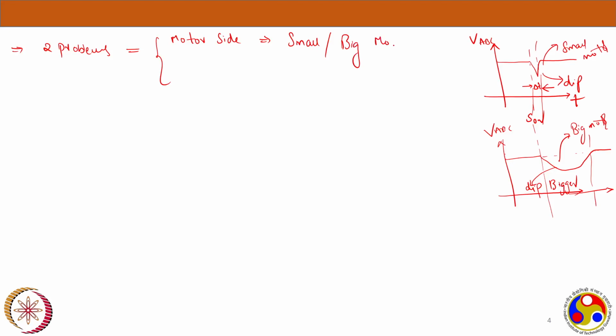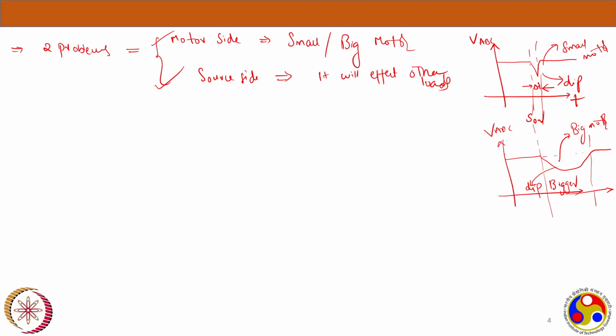That is the issue. And the source side, the issue is it will affect the other consumers, other loads, right?